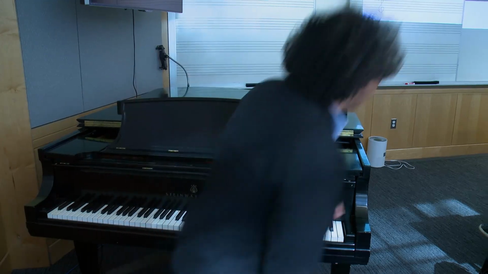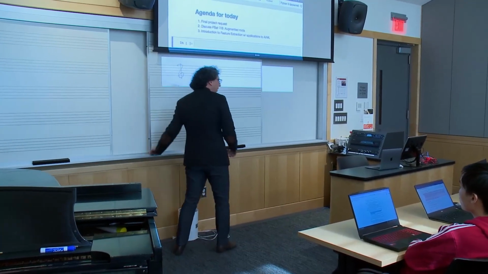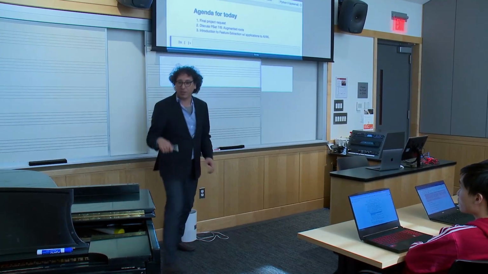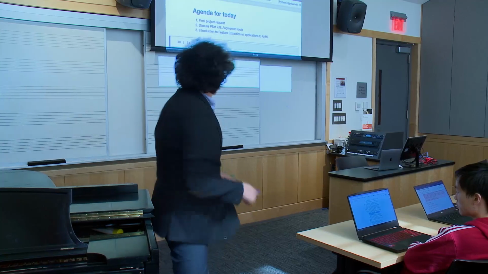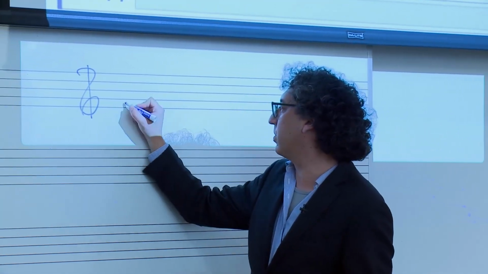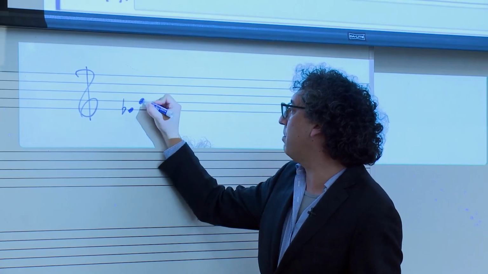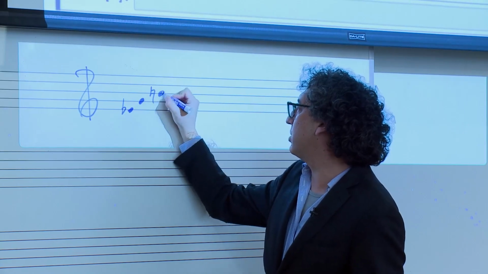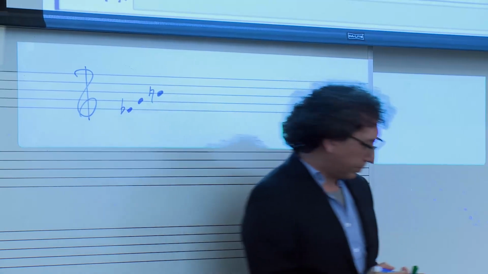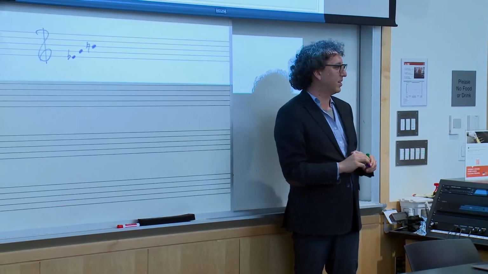Good. I was doing that borrowing from minor thing, and I left my blue pen, which probably shows up better. I was borrowing from minor, and I started on the 3rd scale degree. And so this was not part of your Roman numeral thing, but it came on the roots question. What is the root of that chord?